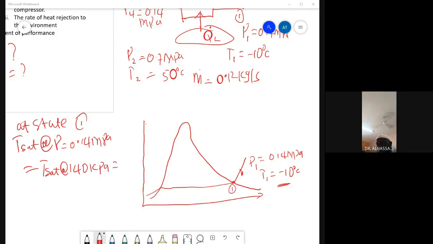Yes, at 140 kilopascal, I got the temperature to be minus 18.7.